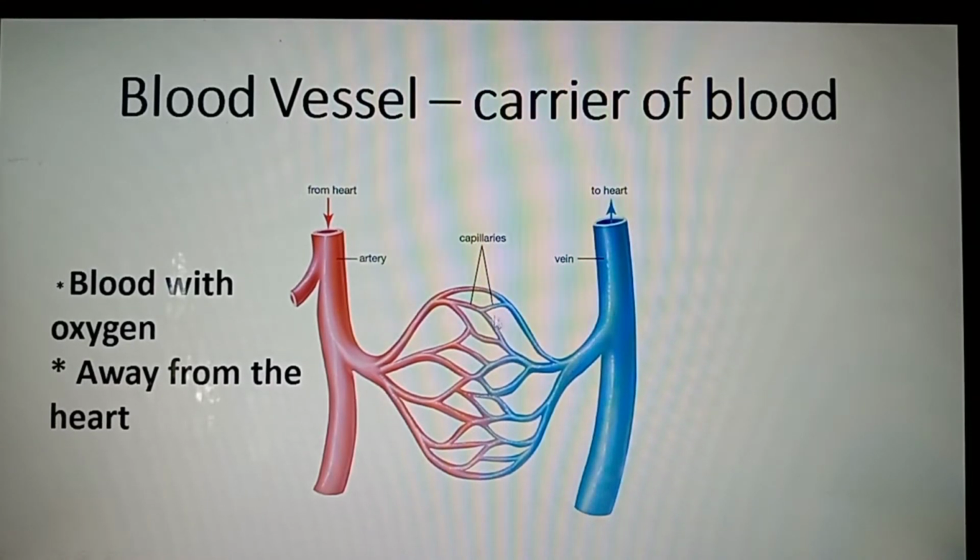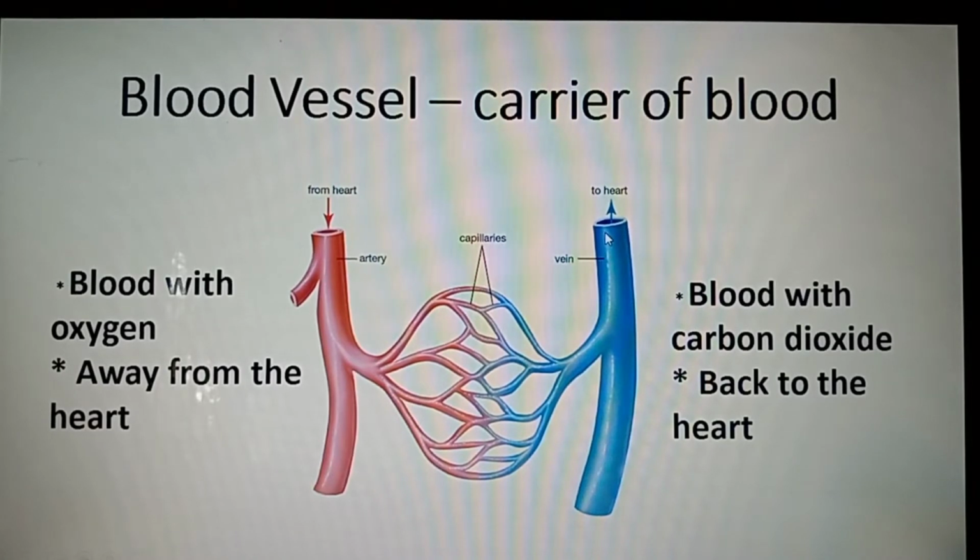Now let's go to the next blood vessel, the vein. So as the color suggests, alam na ninyo, that the blood carried by this vein is with carbon dioxide. And ang direction ng kanyang dugo is pabalik sa puso or back to the heart.